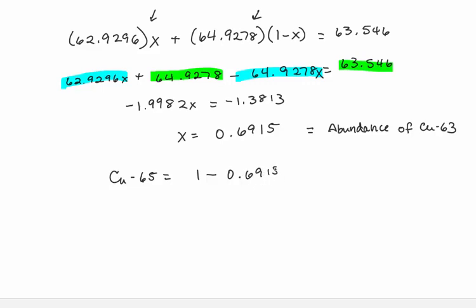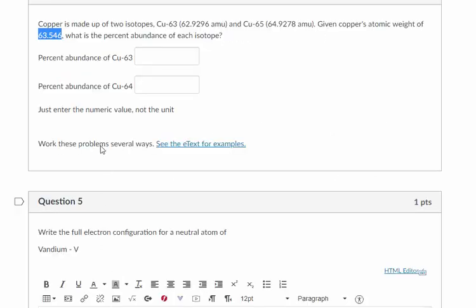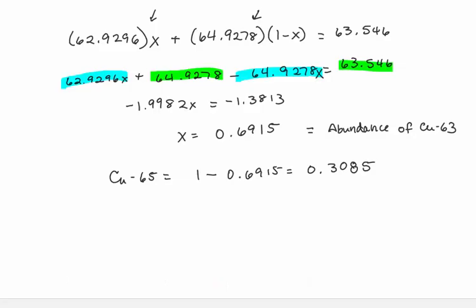So that's going to be 0.3085. Now, the question specifically asked for the percent, so I need to multiply both of these by 100. So this is going to be 69.15, and this is going to be 30.85.